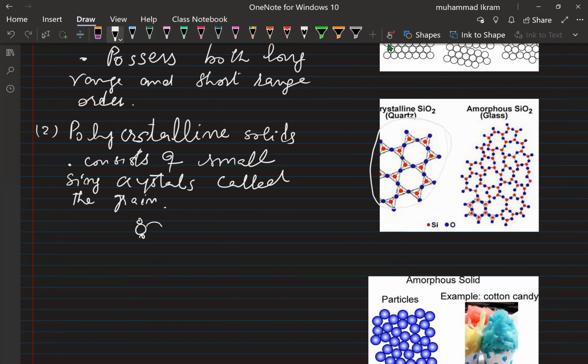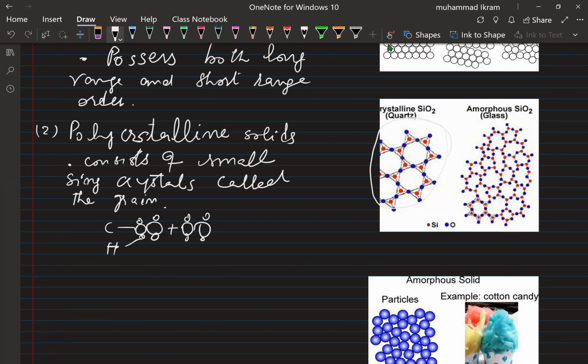I am giving you another example. Look like this one. Here you see we have the carbon atom, and here we have the hydrogen. This is most probably the ethene structure. It repeats itself like this and so on.